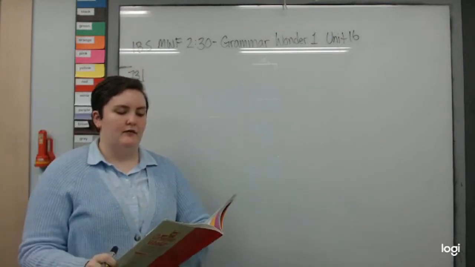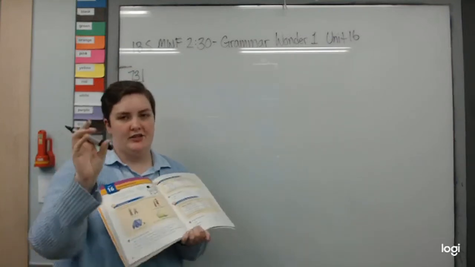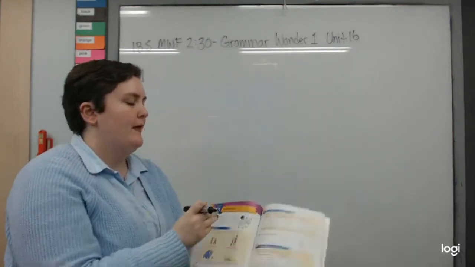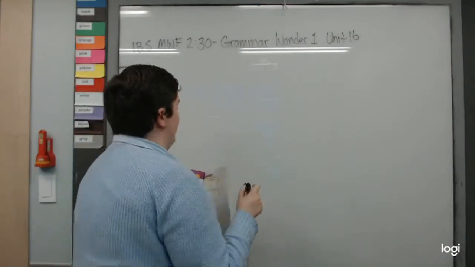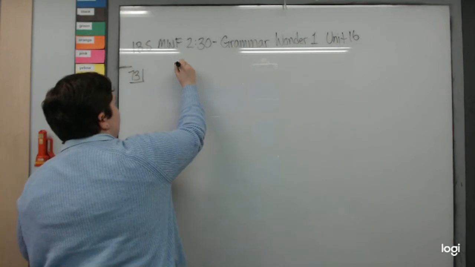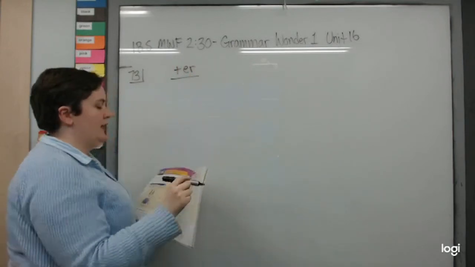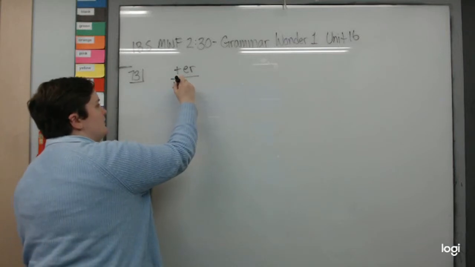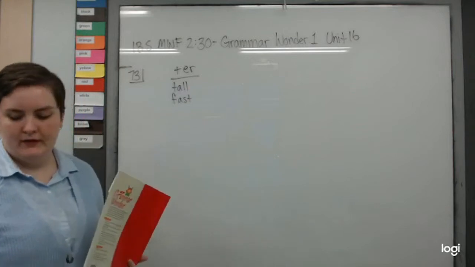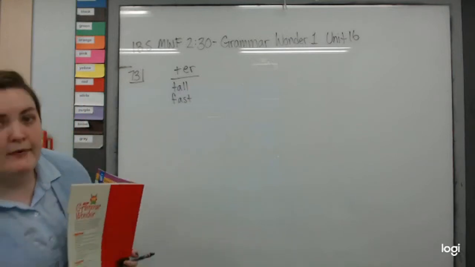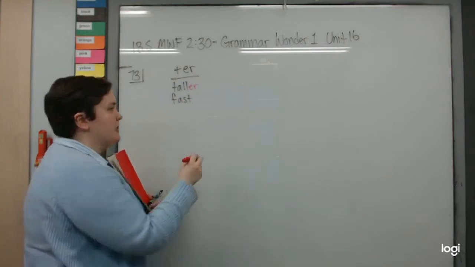For short adjectives, small words, we can add ER in 3 ways. Some, you only add ER, like tall and fast. Become taller and faster.